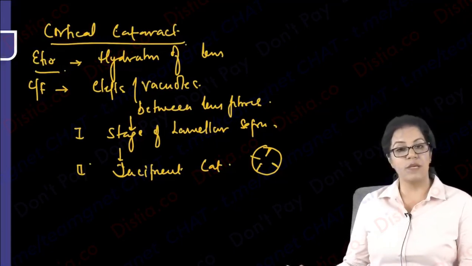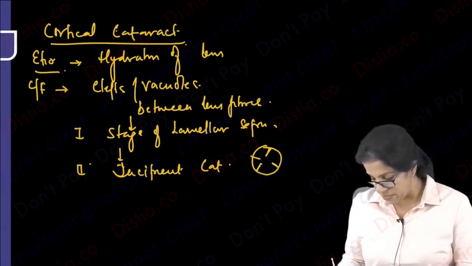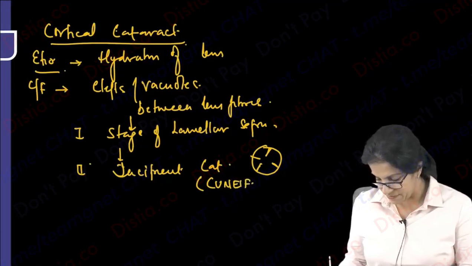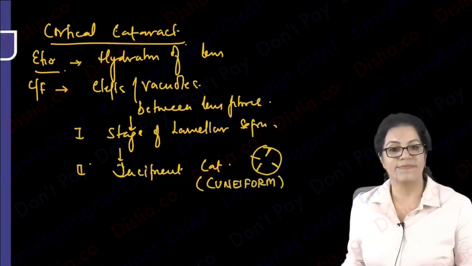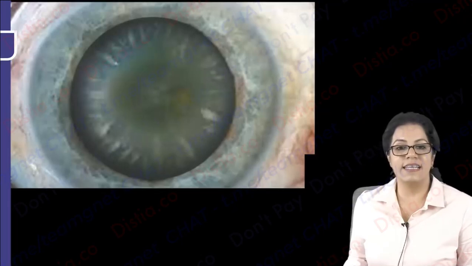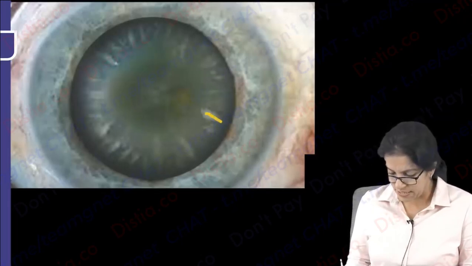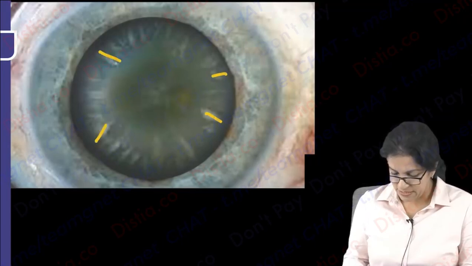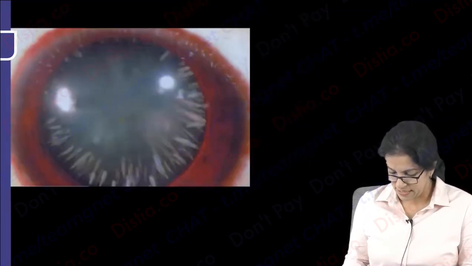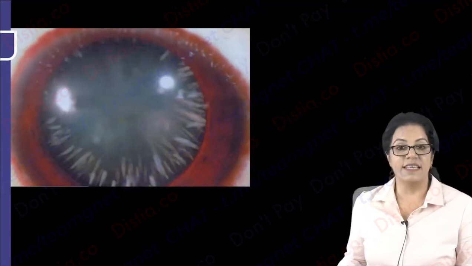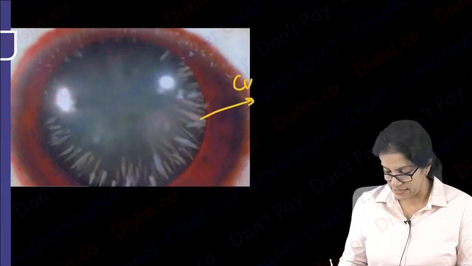These spoke-like opacities are also called cuneiform cataract. Let's have a look. See, this is the incipient stage, these are the spoke-like opacities I'm talking about, right? Here also it's very clear. This is cuneiform cataract.